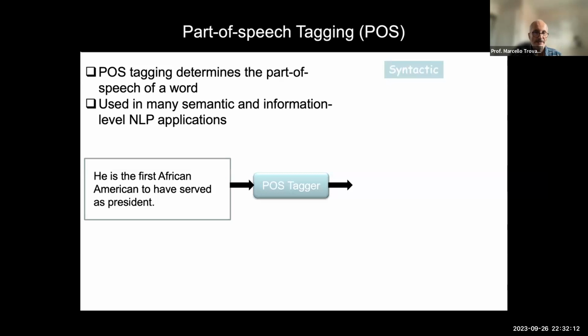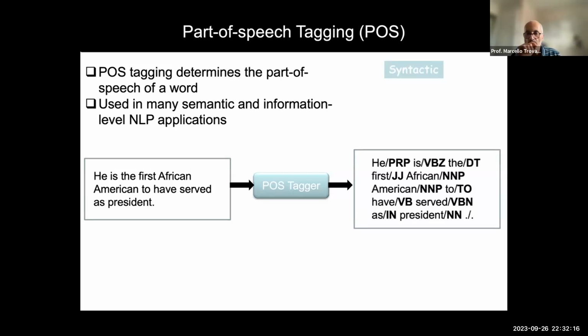Suppose we have this sentence and the POS tagger: you will see that every single word has some new symbols, some new acronyms attached to it, and every single acronym refers to a specific syntactic role.